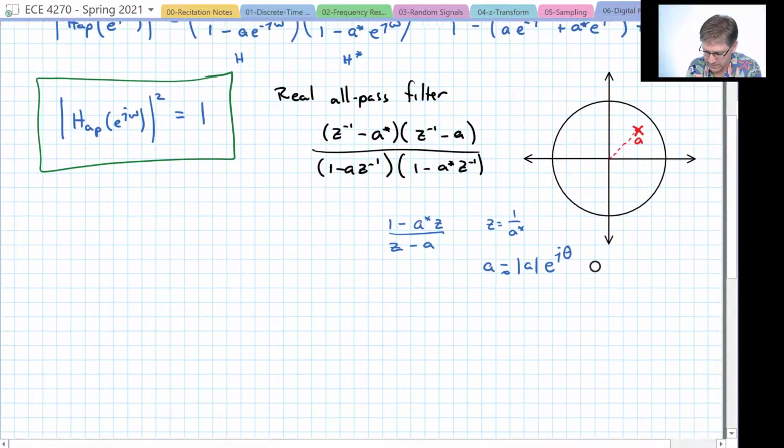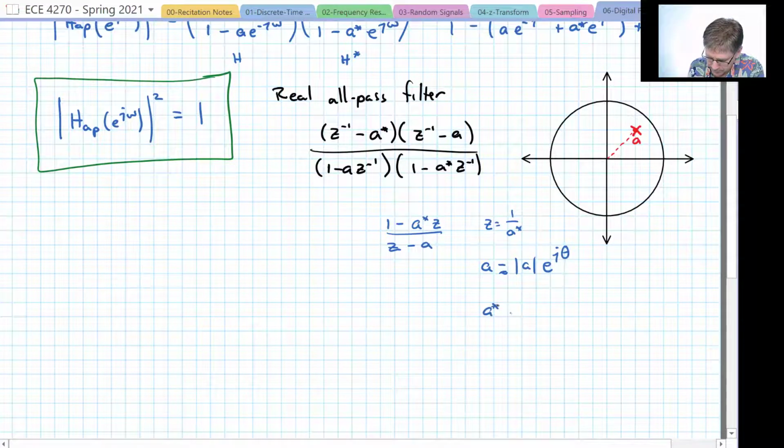Then a star is going to have the same magnitude and an opposite phase. And 1 over a star is going to be 1 over the magnitude of a with the same angle.